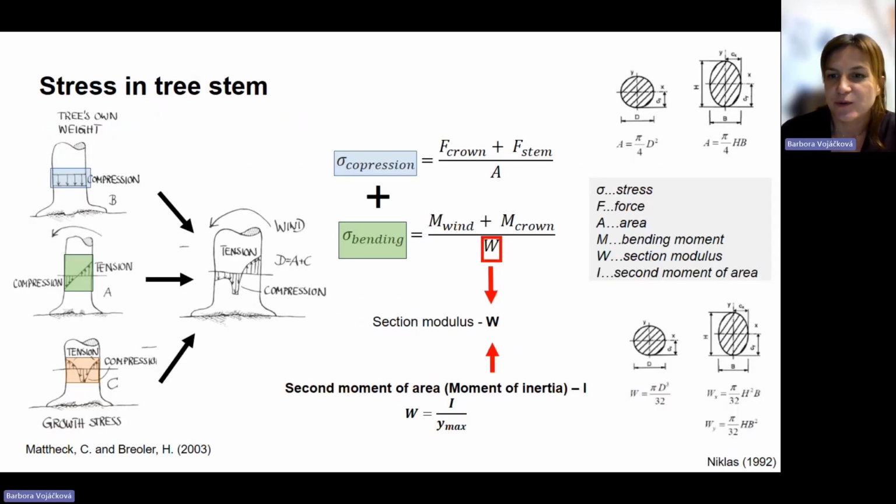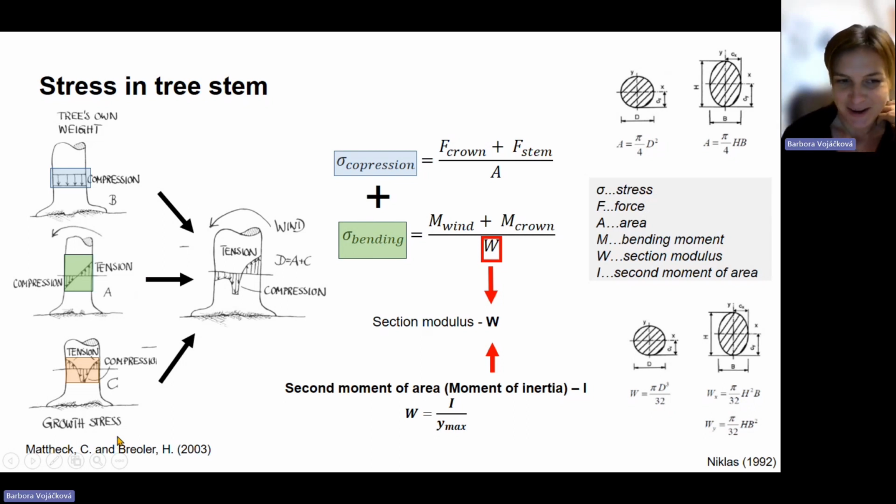And today I would like to look in detail at the stress which we are calculating in the tree stem. We know that the stress in the tree stem is a complex of several stresses.